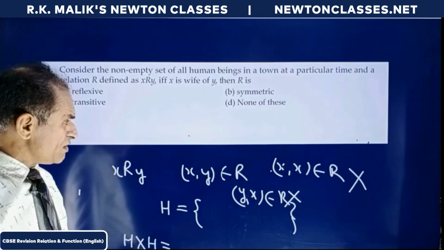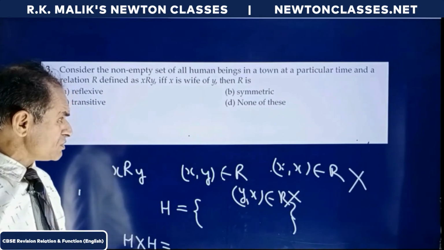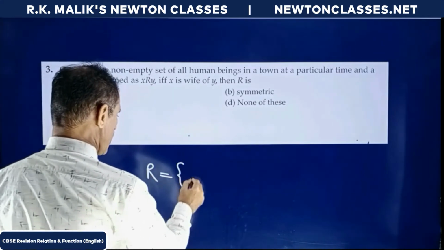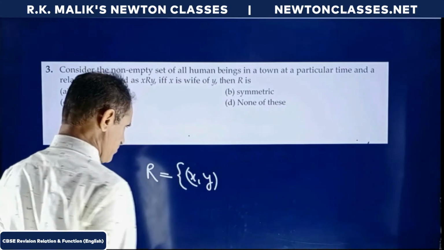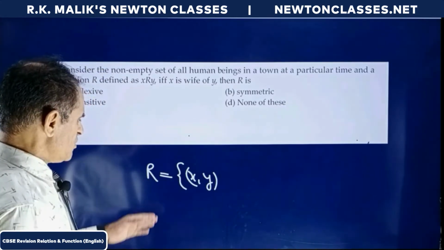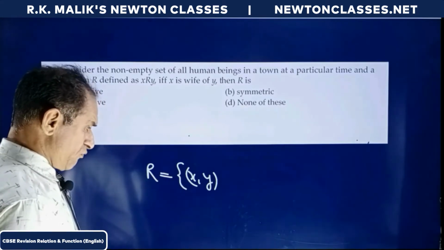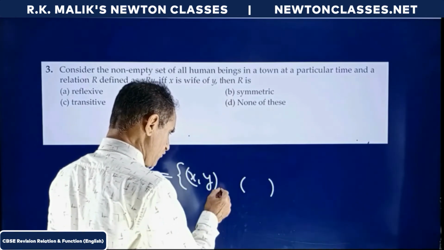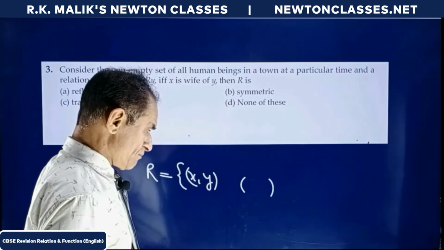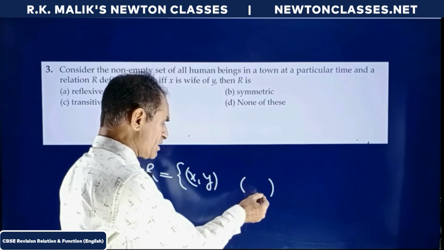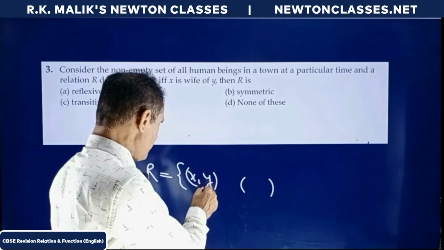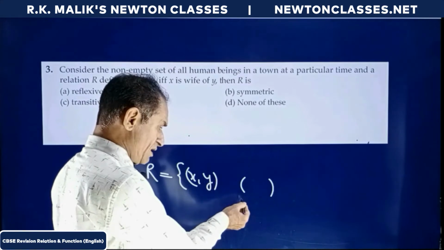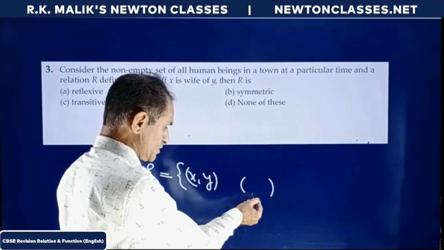And now the similar thing which I explained in the previous question about transitive relation. Suppose in R the ordered pair (X, Y) is present. It means X is wife of Y, but there will not be any other ordered pair which can combine with (X, Y), because for any other ordered pair to combine with (X, Y), Y should be a first element, and because Y is male, Y can never come in the first place.